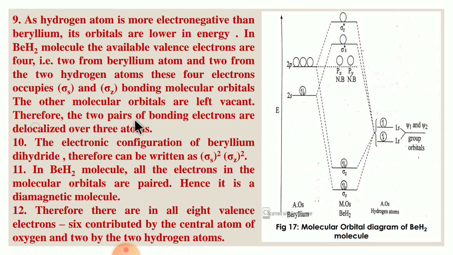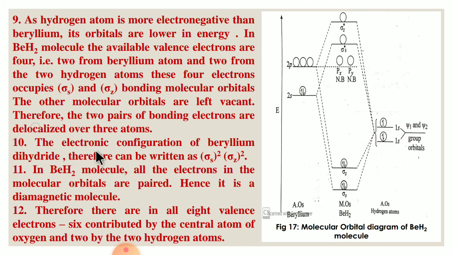Therefore, 2 pairs of bonding electrons are delocalized over 3 atoms. We can see here these are the antibonding molecular orbitals and these are the non-bonding molecular orbitals which are empty.